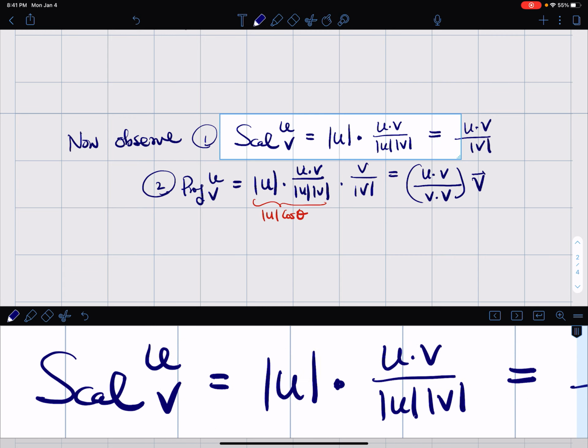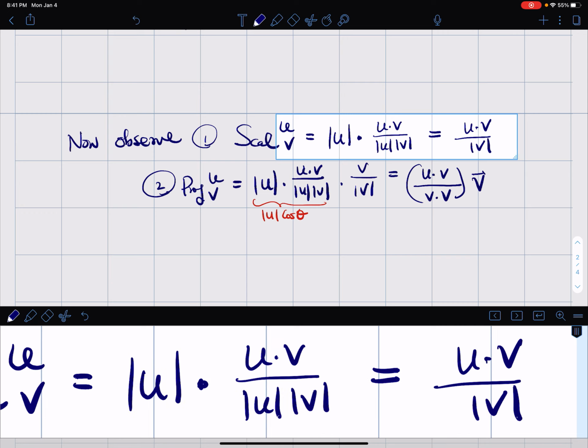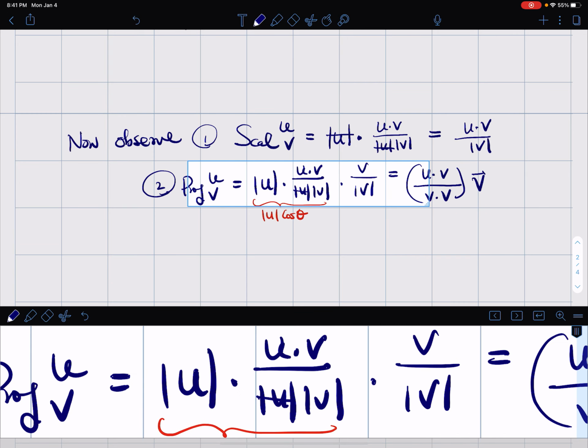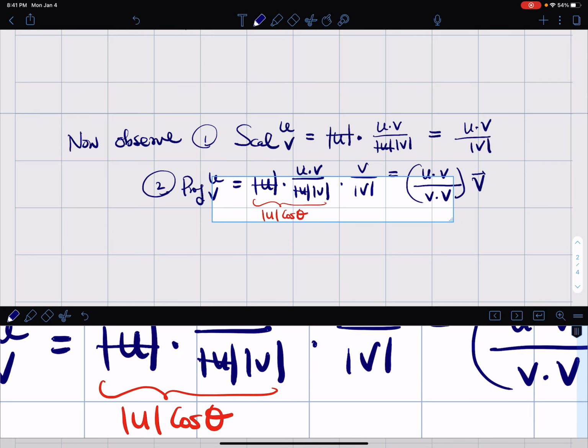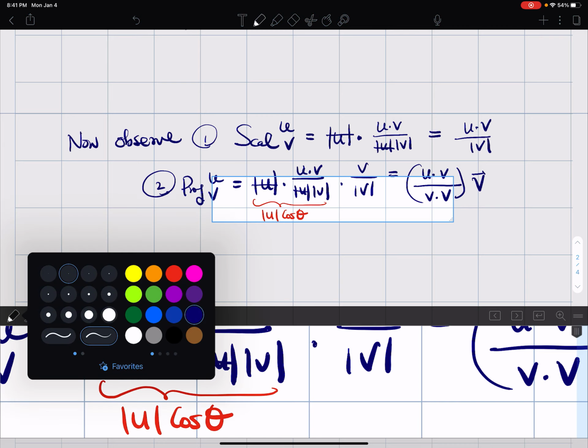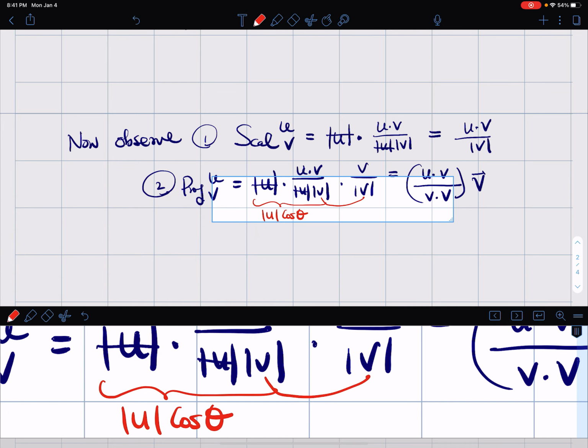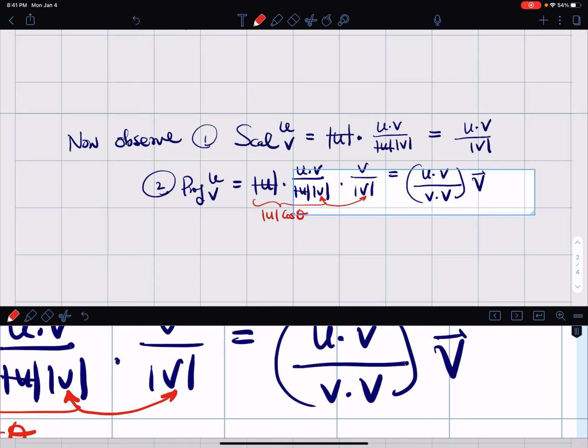How did I end up with these results? I canceled this, and then this and that cancel out. Now it's left for you to show why magnitude of v times magnitude of v is equal to v dot v.